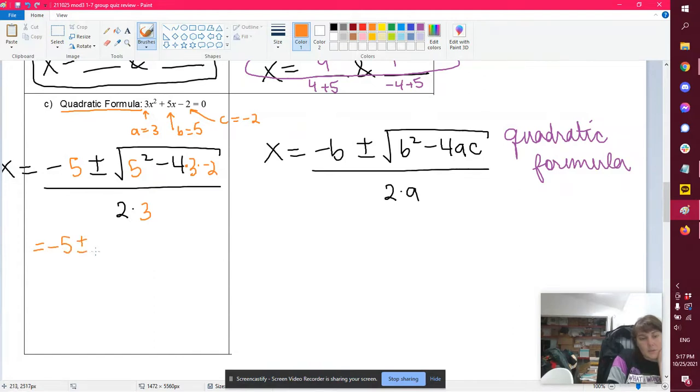Negative 5 plus or minus stays like this. I'm going to simplify things under the square root first. 5 times 5 is 25. 4 times 3 times 2 is 24. And then a negative times a negative is a positive. So this all is going to be positive 24. 2 times 3 is 6.